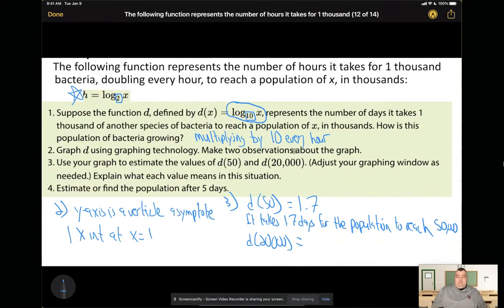So d of 50 equals 1.7 is saying it takes 1.7 days for the population to reach 50,000.